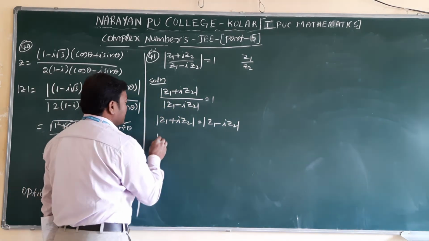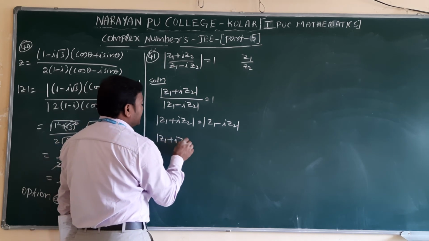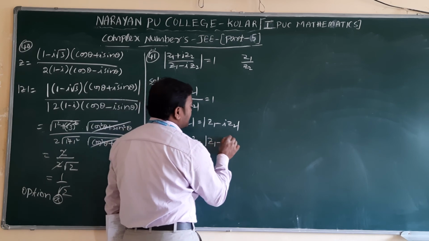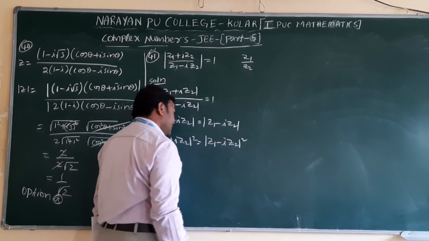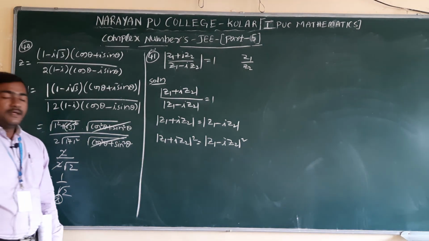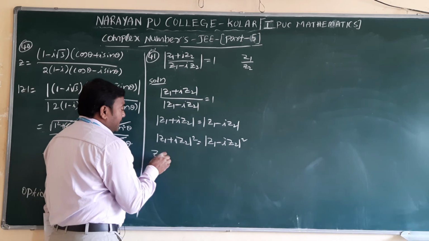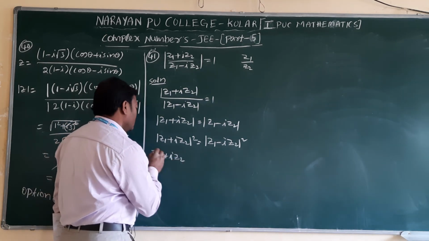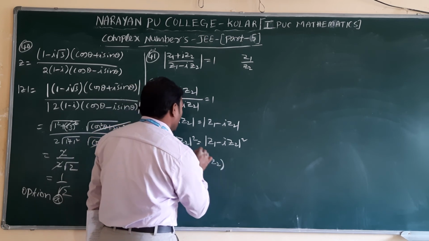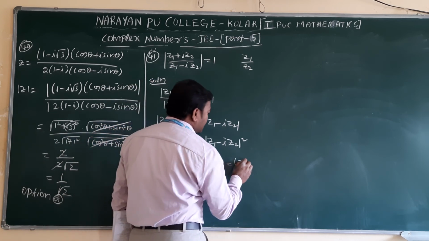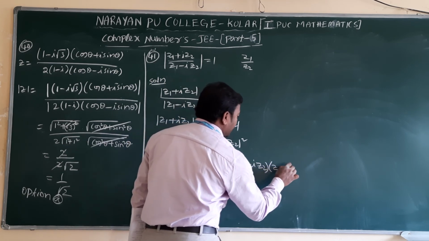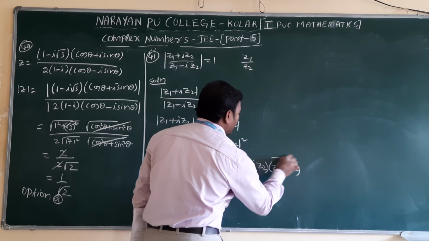What we get here, modulus of z1 plus iz2 whole square is equal to modulus of z1 minus iz2 whole square. Already we know the property modulus of z square is equal to z into z bar. So here we write z1 plus iz2 into z1 plus iz2 whole bar is equal to z1 minus iz2 into z1 minus iz2 whole bar.